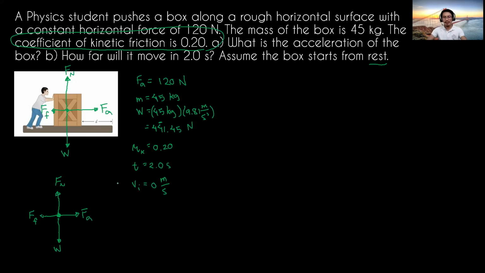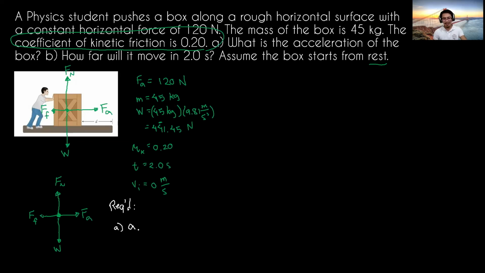Now let us identify what are the required variables. Dapat white na lang yung required natin. Ano ba yung hinahanap dito? Una, what is the acceleration of the box? Acceleration. Saan siya mag-accelerate? Is it along the Y? Vertical ba yung pag-accelerate niya or along the X? Horizontal.